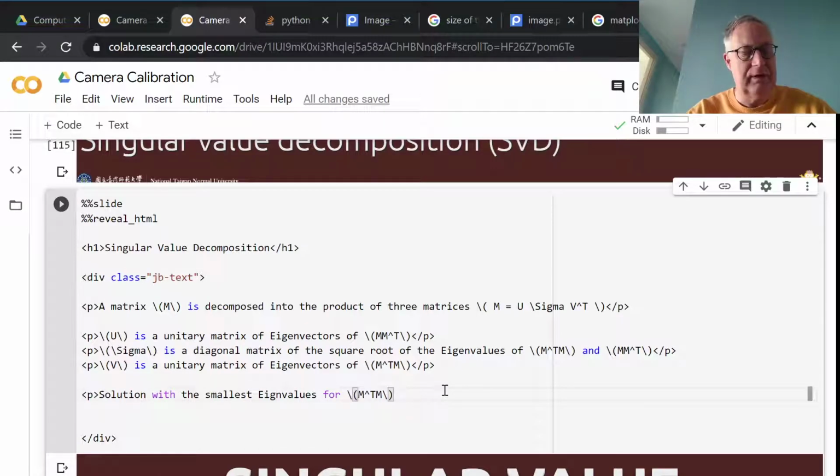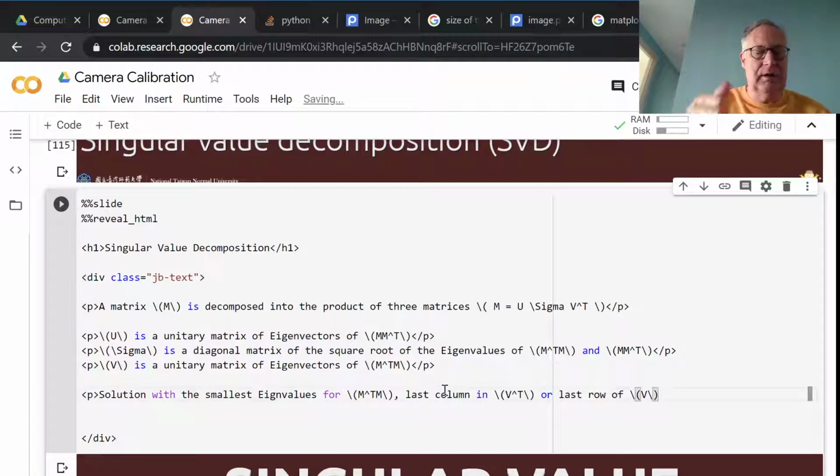That's the matrix that we need to find the null space for. So that corresponds to the last column of the matrix V transpose, or the last row of matrix V. Right? Because the transpose, the column, will become the last row.